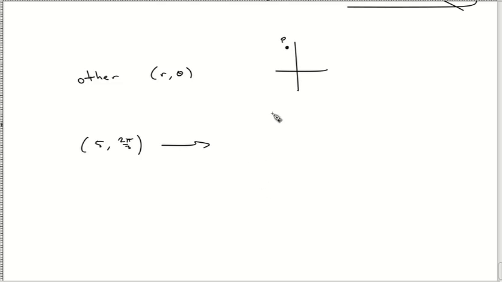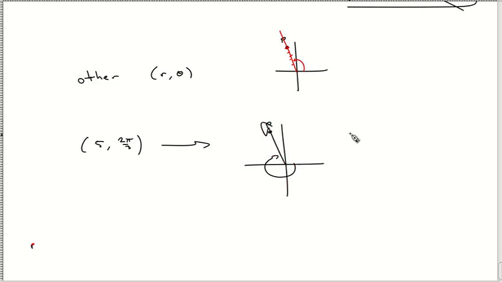Okay, so let's just go through the steps here. To get to this point, I turned in this direction, and then I walked 5 spaces up. Okay, could I also, to get to this same point, go a negative angle and then walk forward?